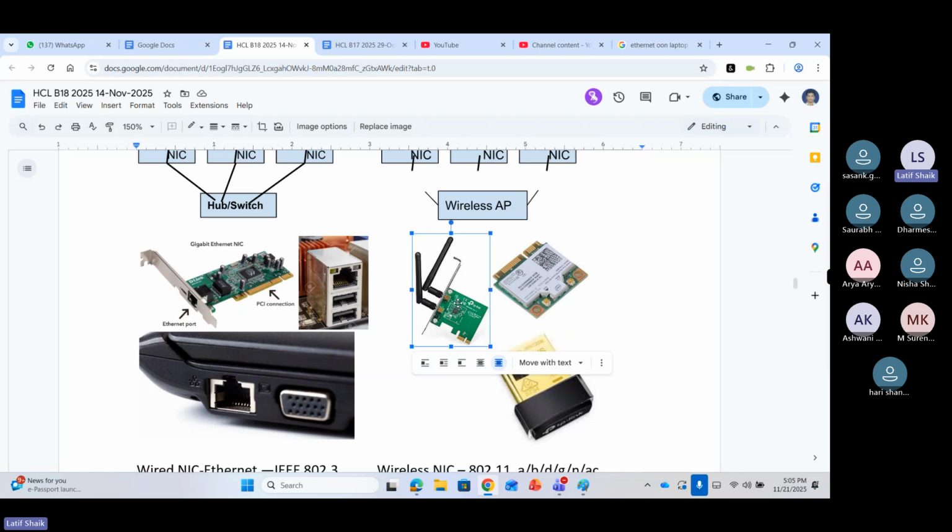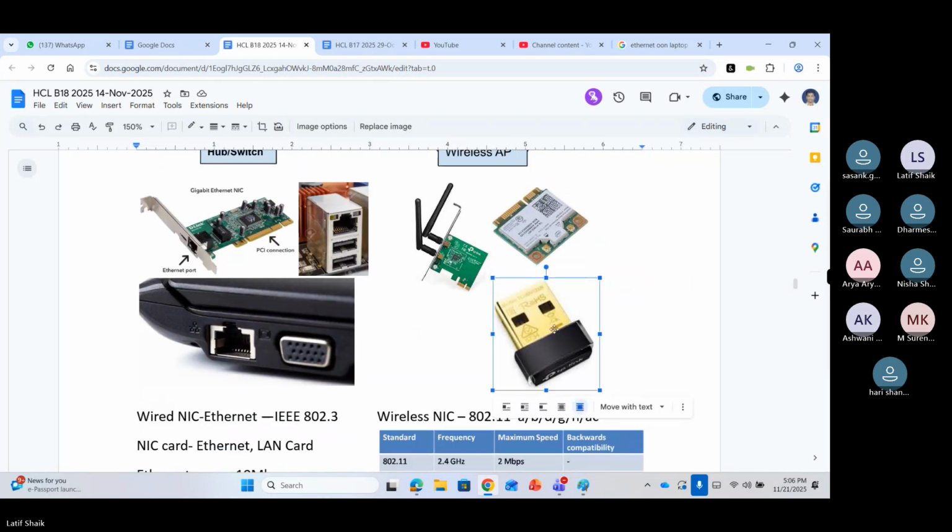We insert this wireless NIC card into your desktop, so you can connect your desktop to your Wi-Fi router through this NIC card also. I already told you this is also a wireless adapter you can connect to the desktop, though mostly we use this one for laptop purposes only. A more important one is the USB-based wireless adapter, the USB wireless adapter.